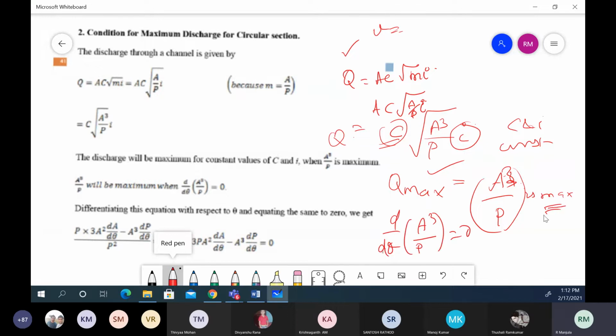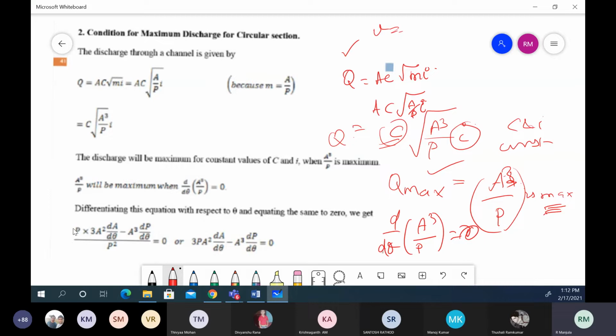When it is maximum, the differentiation of A cube by P with respect to theta is 0. Same as for velocity, where you differentiated A by P; here the only addition is A cube by P. Now we have to differentiate the A cube by P equation with respect to theta and equate it to 0. You will get the condition for maximum discharge.